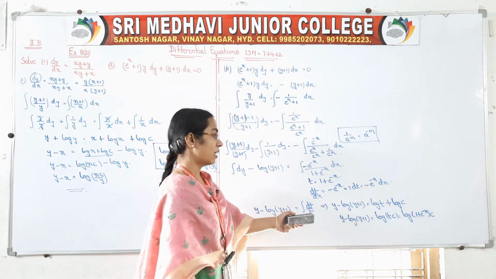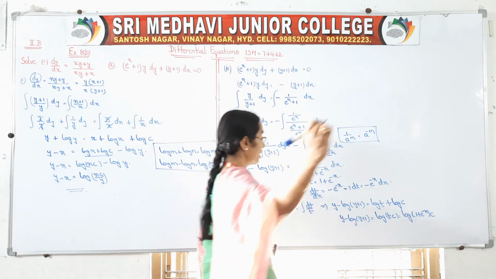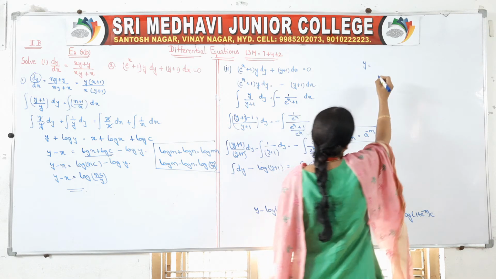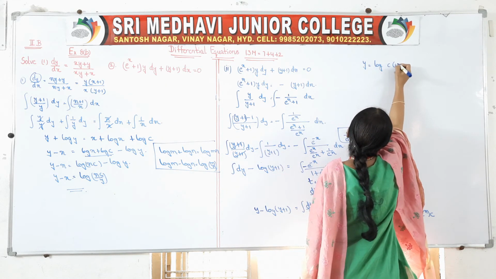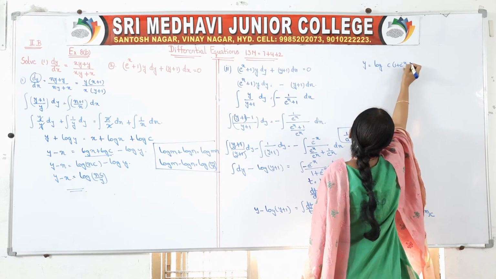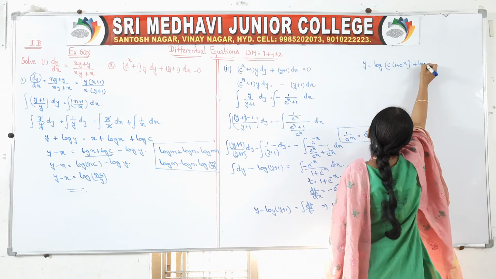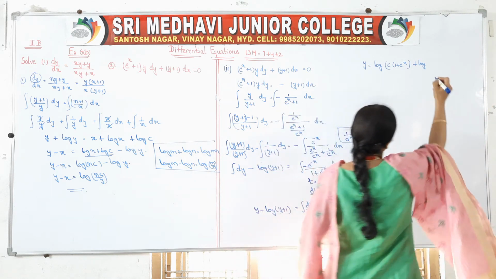Now send this minus log of y plus 1 also to that side, right? Then your y is equal to, what is the value? Log of c into 1 plus e to the power of minus x, plus log of y plus 1, because we are sending this negative value to that side, it becomes positive.